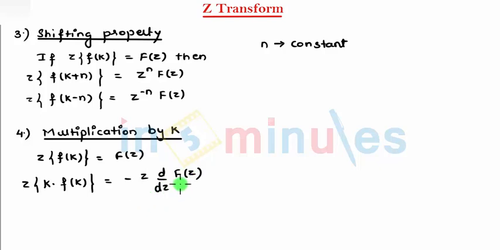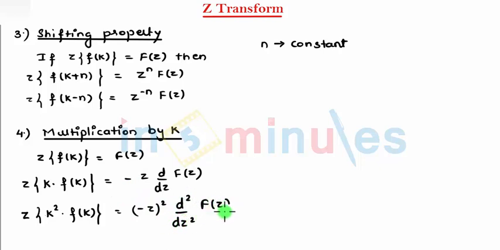So that is minus z. So when we write Z of k square into f of k, there is k square, that's why this becomes minus z the whole square d square upon dz square F of z, which we can write as z square d square divided by dz square F of z. So that's my fourth property.